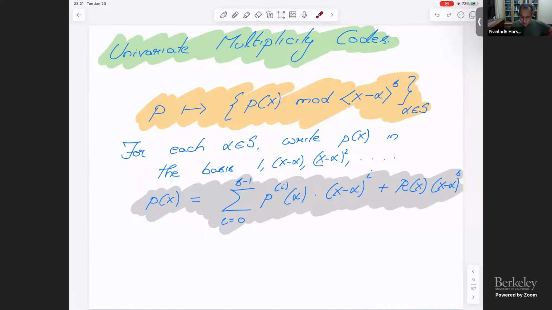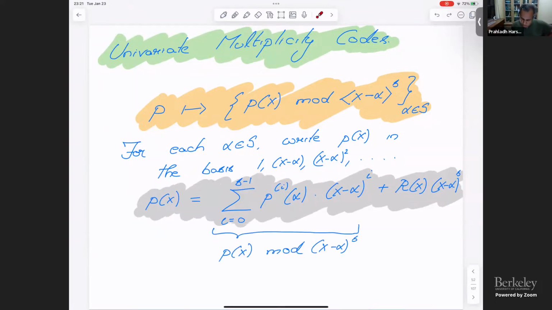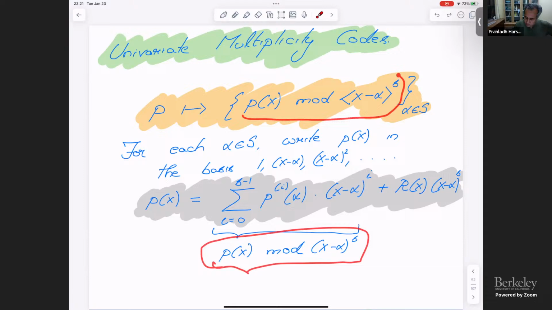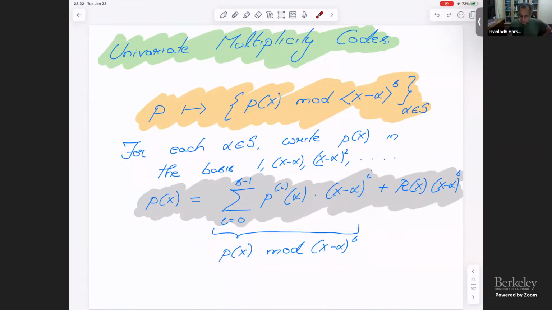I've written the first s terms in this basis, and then the remaining higher order terms. And what we really care about is this part. The first symbol of the multiplicity code is going to be the first s terms of P of x when I write it in this basis.